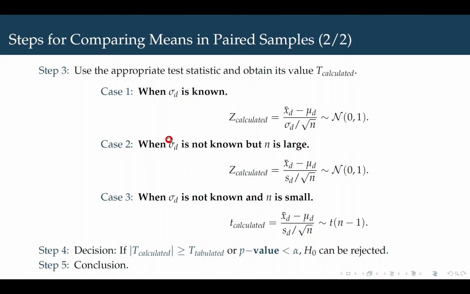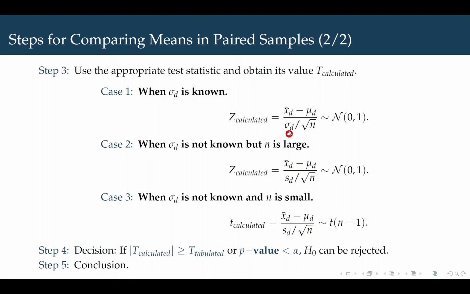But if the population variance of the differences or the population standard deviation of the differences is not known, but if we know that n is sufficiently large, specifically if n is greater than or equal to 30, again the distribution is going to be a standard normal distribution, and the calculated value of the test statistic is going to be determined as the sample mean of the differences minus the population mean of the differences, which is actually 0 under the null hypothesis, divided by the sample standard deviation of the differences over root of the sample size.